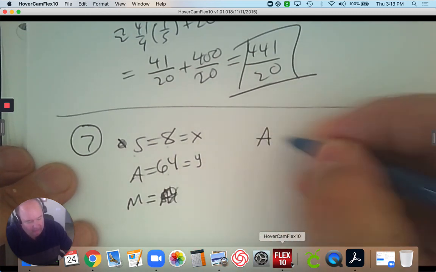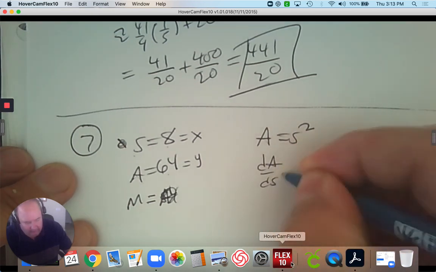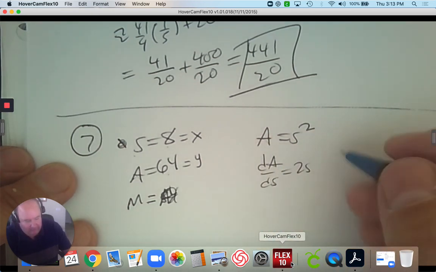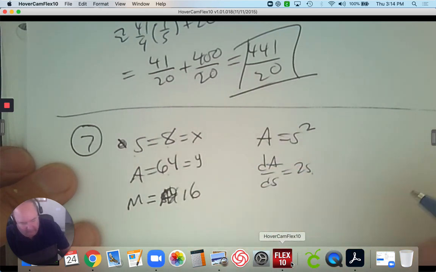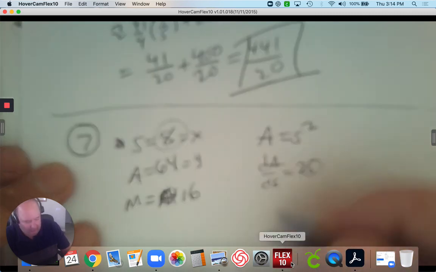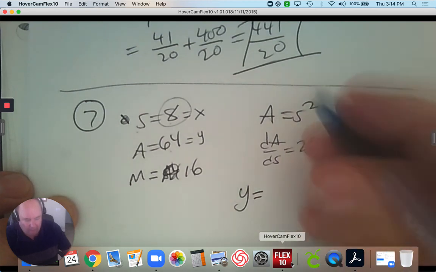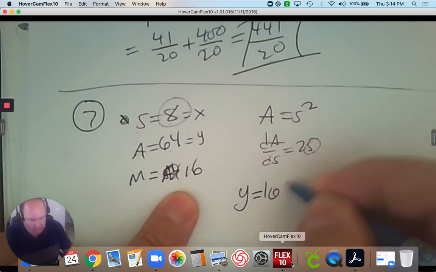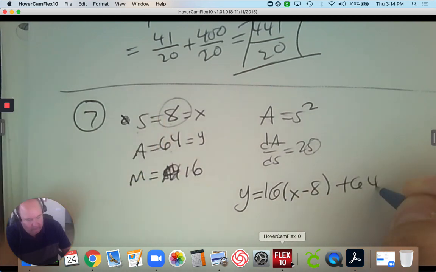So we have A equals s squared, so the derivative of that is 2s. And if I plug in that value 8, then the slope is 16. So as a tangent line, it'd be y equals 16 times x minus 8, plus 64.